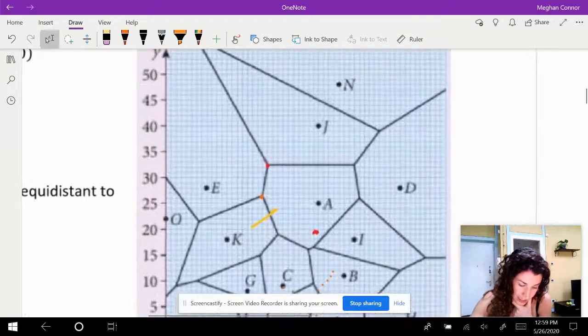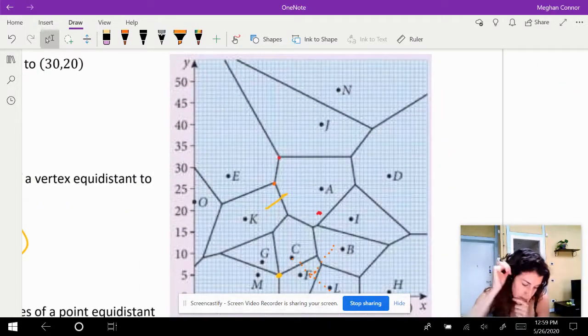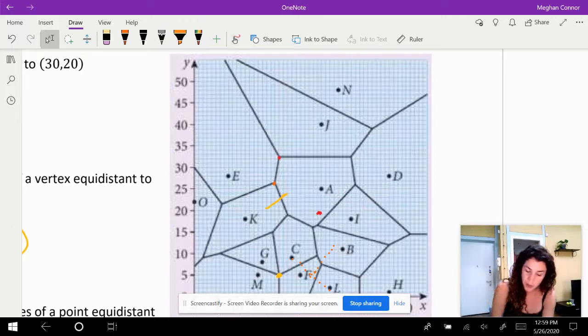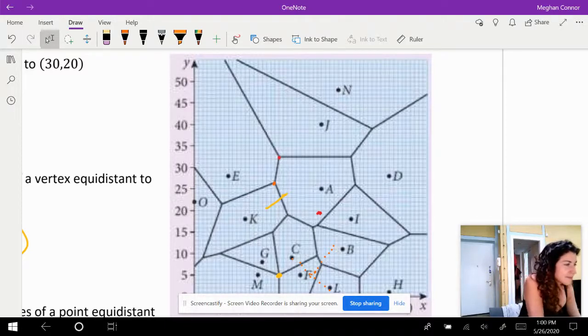So here's J and N. We need to find the coordinates of both J and N. Then we need to find the perpendicular bisector between J and N. So let's first find the coordinates. Let me just pull them from the textbook. Okay, the textbook does not give us the coordinates.